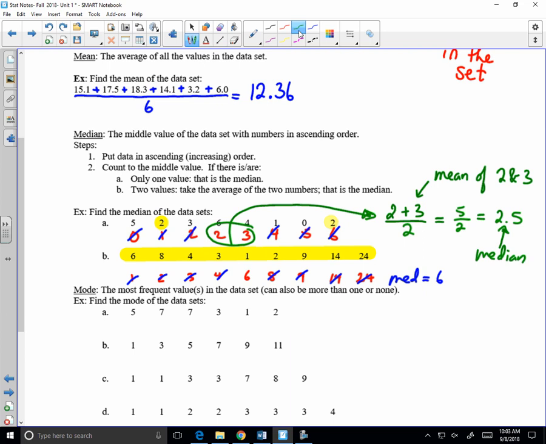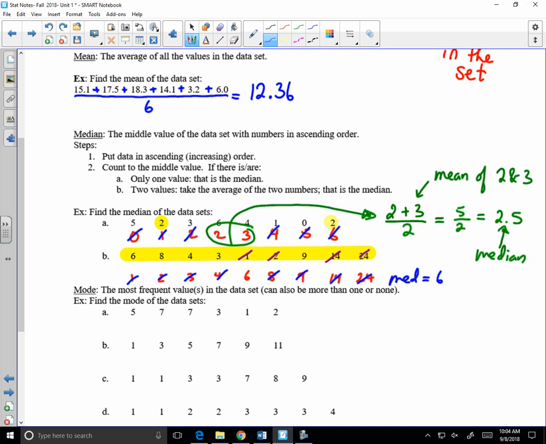So I'm going to go through my list, find the smallest number and the largest number, and simultaneously cross them off. All right. So I have a 1 as the smallest. I have a 24 as the largest, so I'm going to cross off both. Then looking at the remaining numbers, find the smallest number and the largest number, 2 and 14, cross them off.